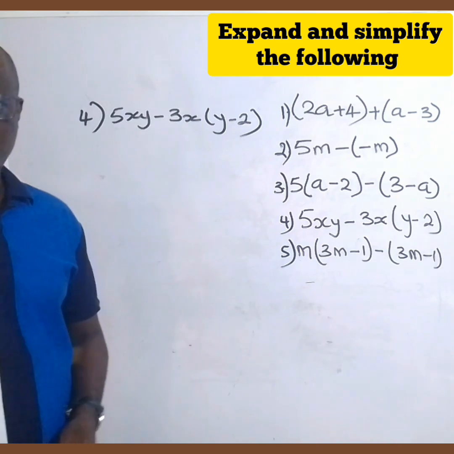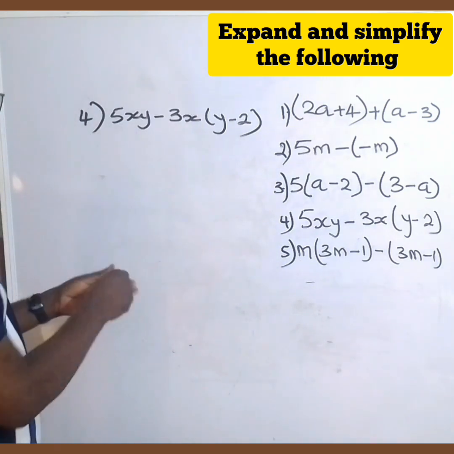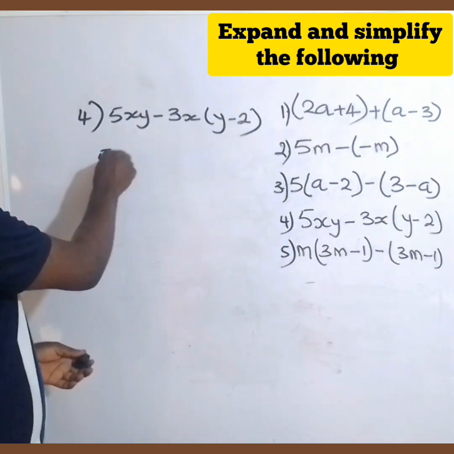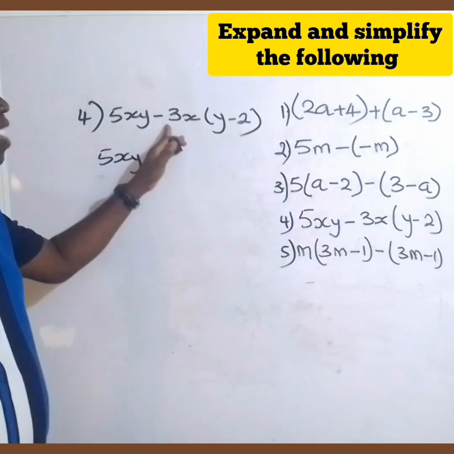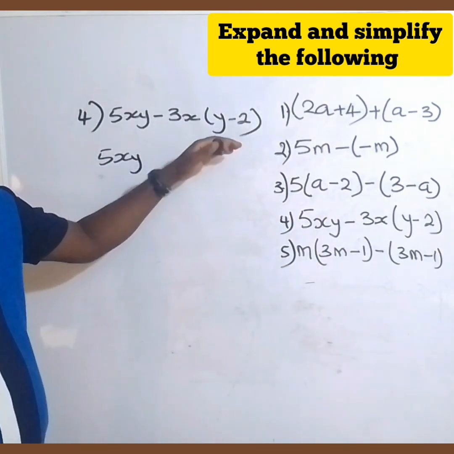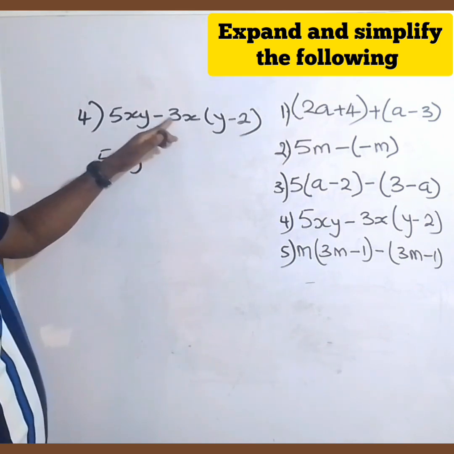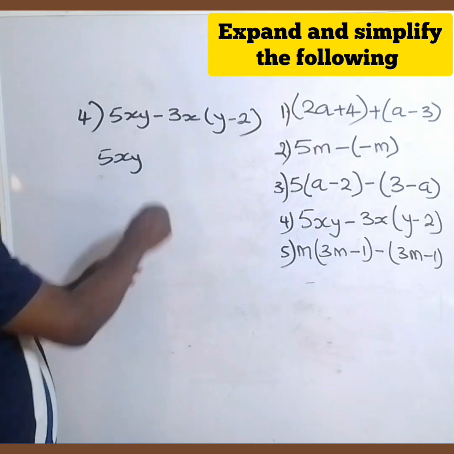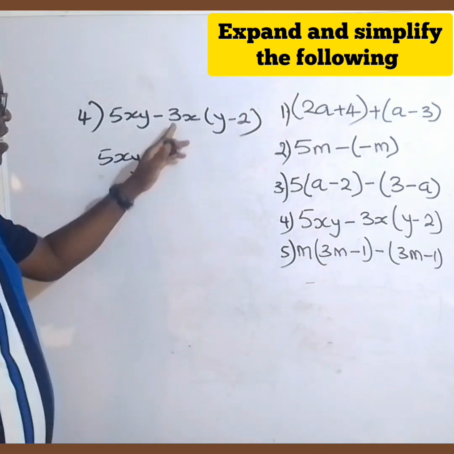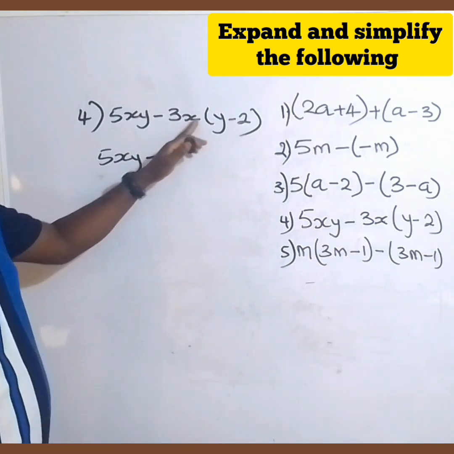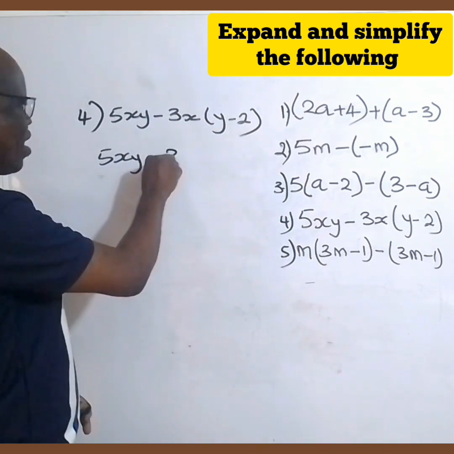Now we want to look at number 4. This number 4 is also very simple. Just write this one down. It is this minus 3x that is multiplying through the bracket. So minus times plus here, that is minus. Then 3x times y, that is 3xy.